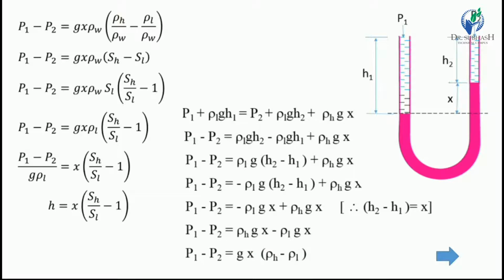Now on the right side of the equation we divide and multiply by the density of water. The ratio of density of heavy liquid to density of water is the specific gravity of the heavy liquid. Similarly, the ratio of density of light liquid to density of water is the specific gravity of the light liquid.